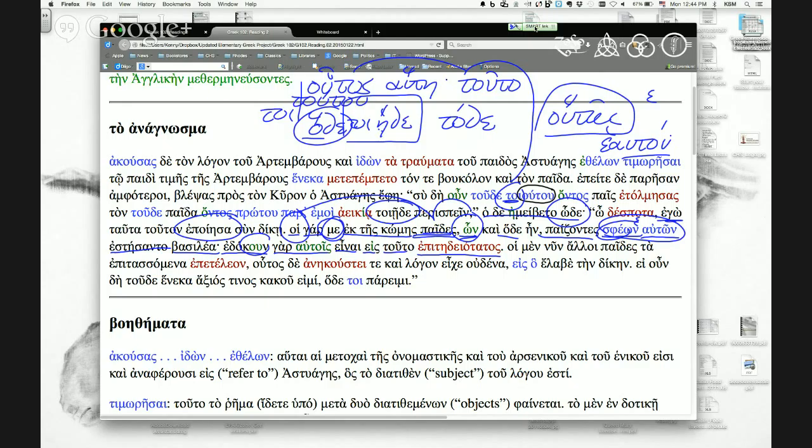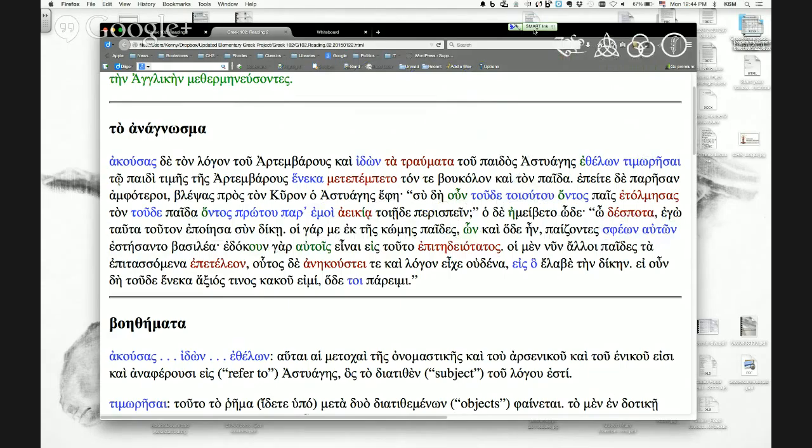So what kind of word is this? Is this from dokeo? Oh, it's third person plural, or first person singular.